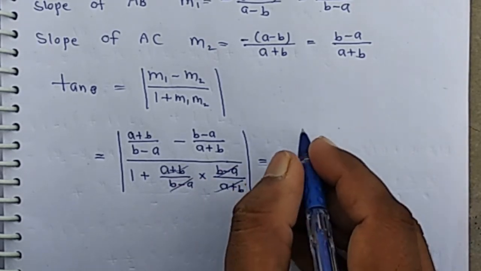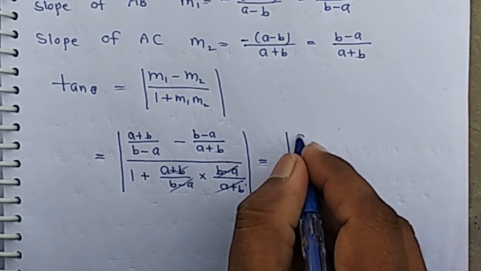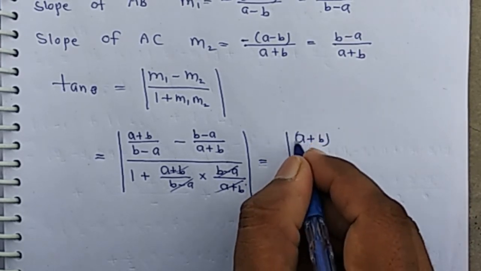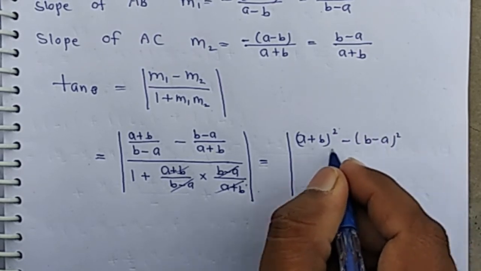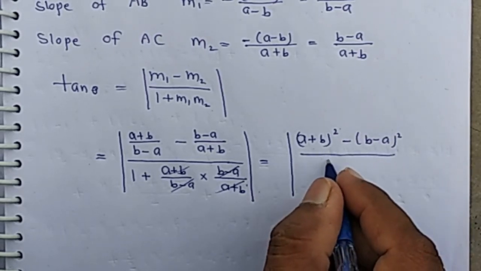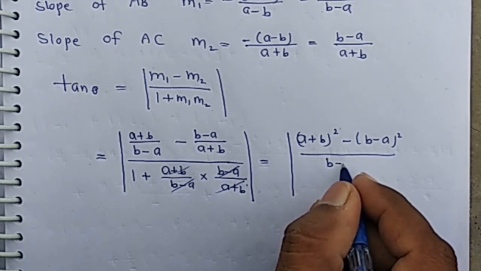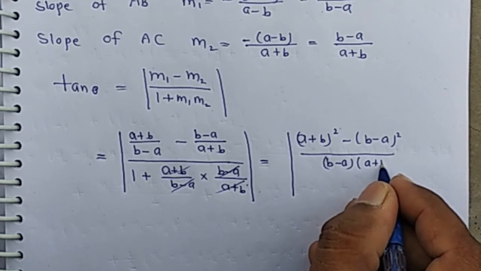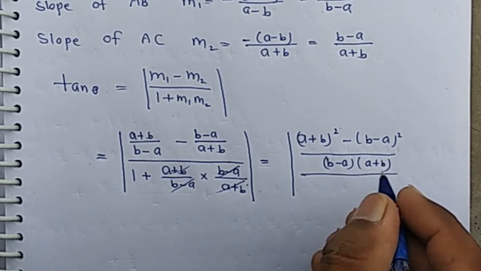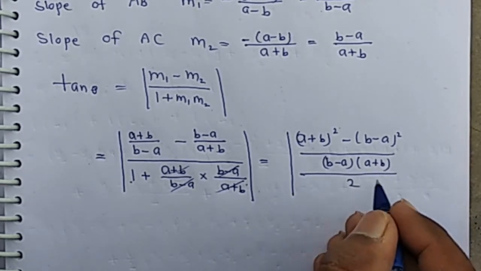We have (a plus b) square, and one plus one.